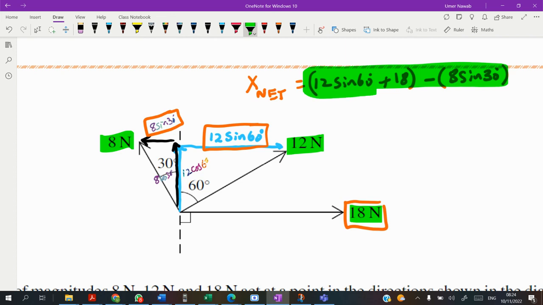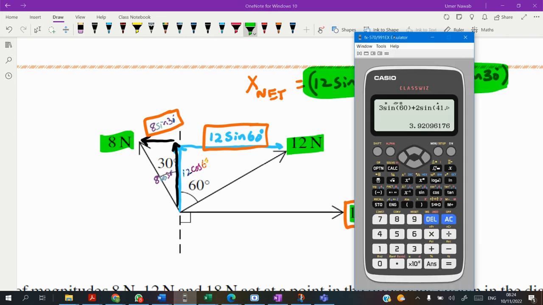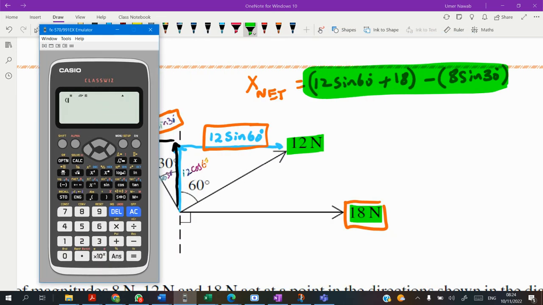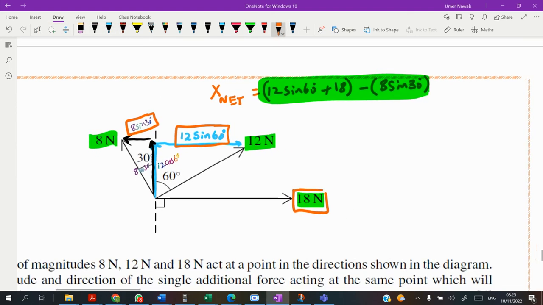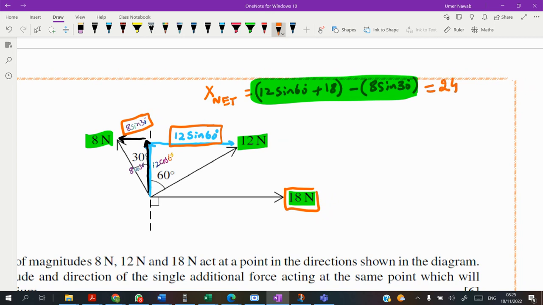Calculate this answer from a calculator. 12 sine of 60 plus 18, close the bracket, minus 8 sine 30. Okay, and get your answer, 24.39, which is a positive answer.